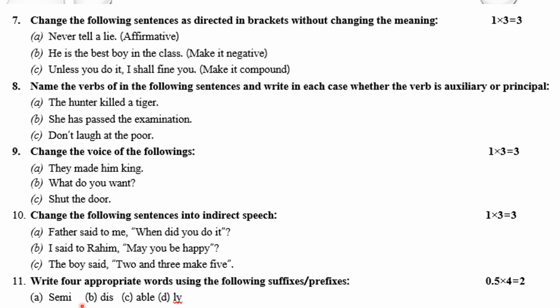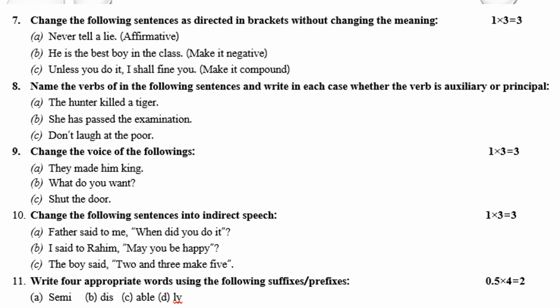Okay, we can produce words this way. Dis: dishonest, disconnect. Able: unable, or ability. Ly: slowly, quickly, happily, nicely. Okay, these are word formation by using suffixes or prefixes.